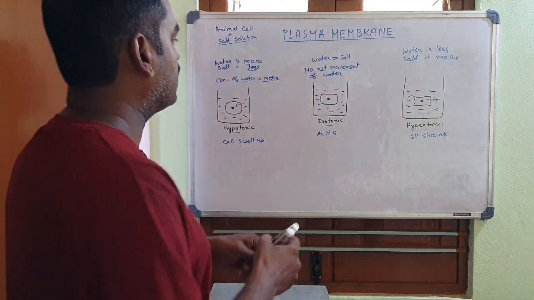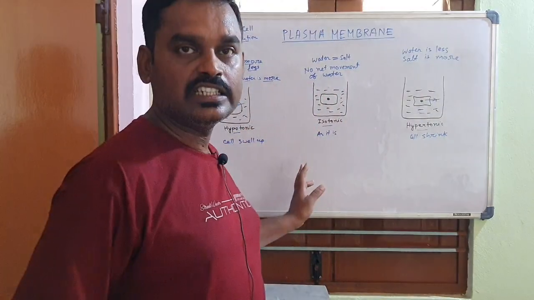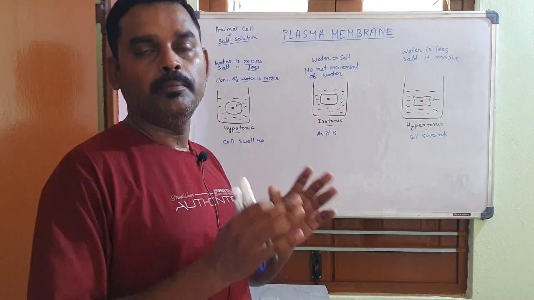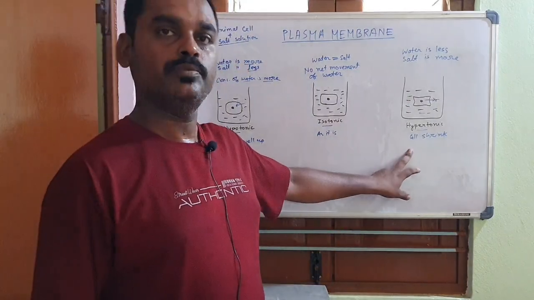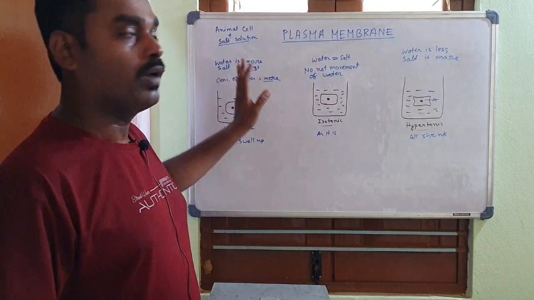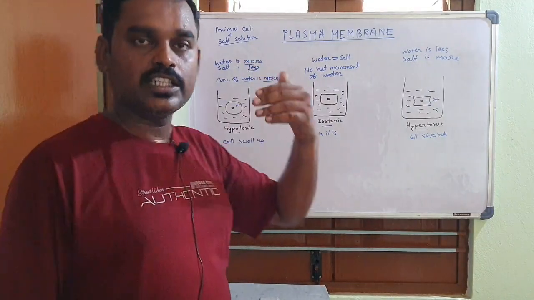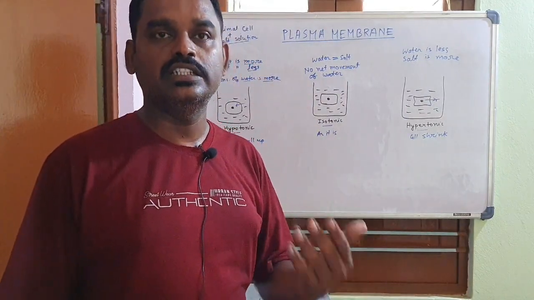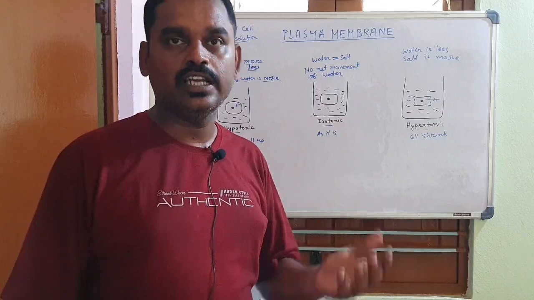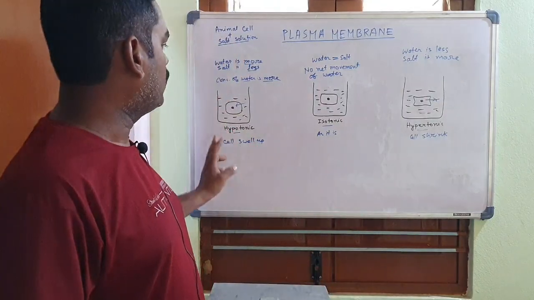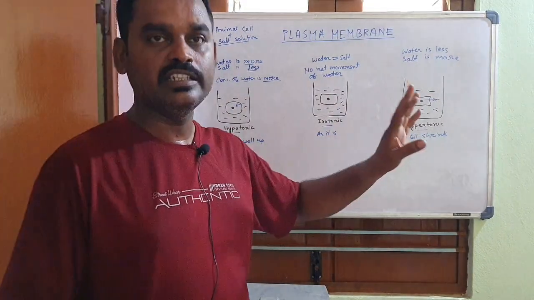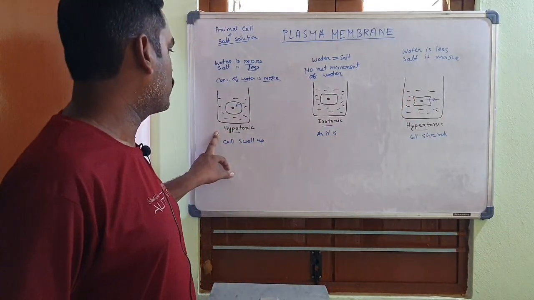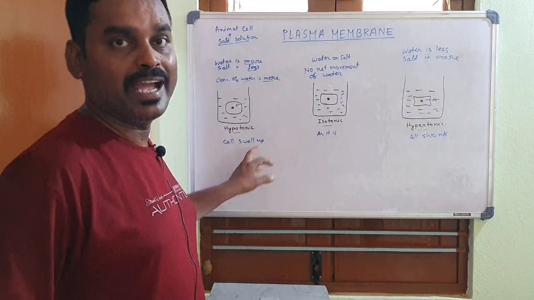So these are the three different conditions of the cell if we place an animal cell or plant cell in three different types of solution according to the water concentration, because in osmosis we consider only the water concentration and water movement. In a hypotonic solution, the cell swells up and can burst.